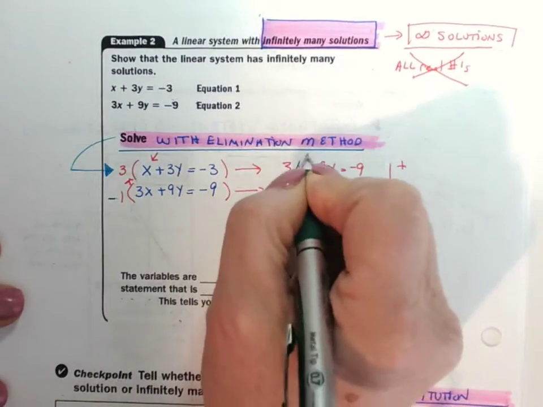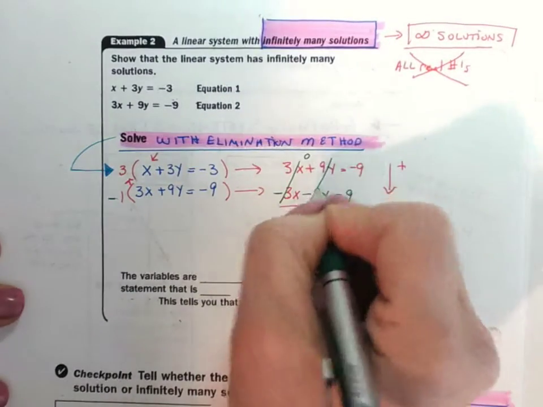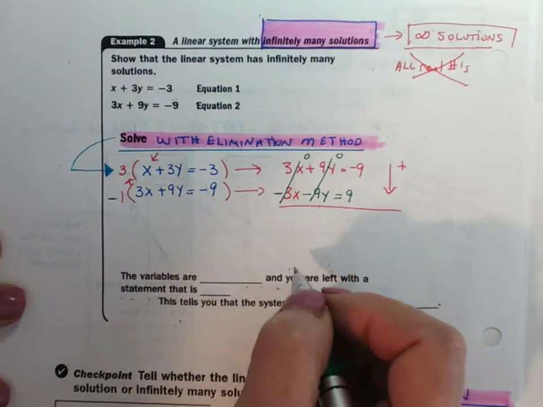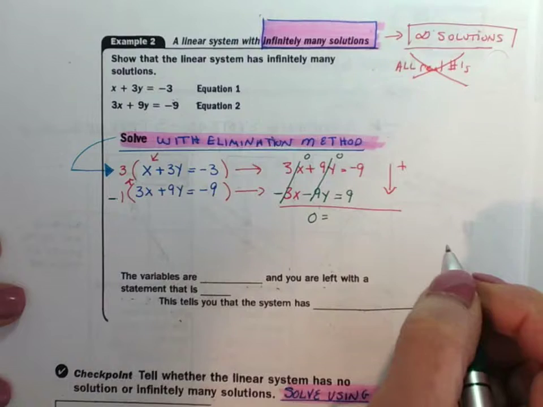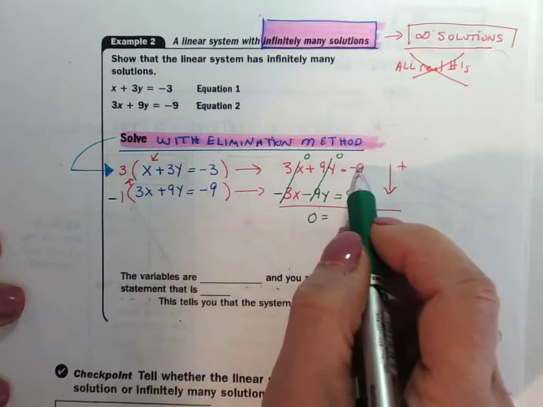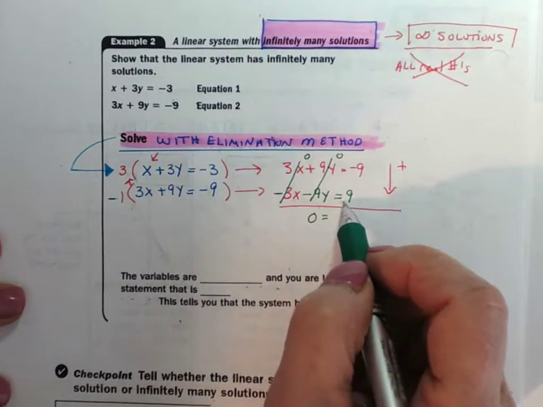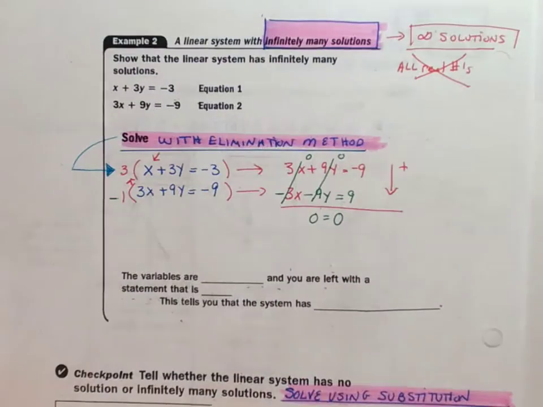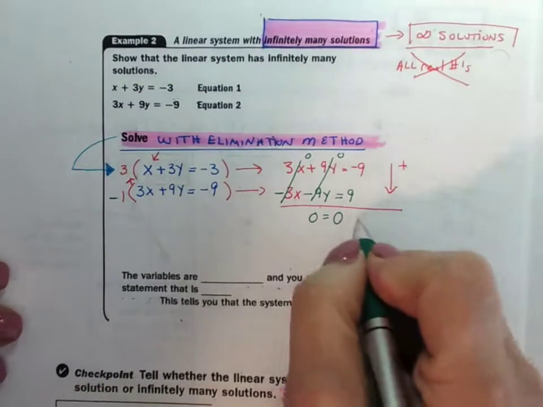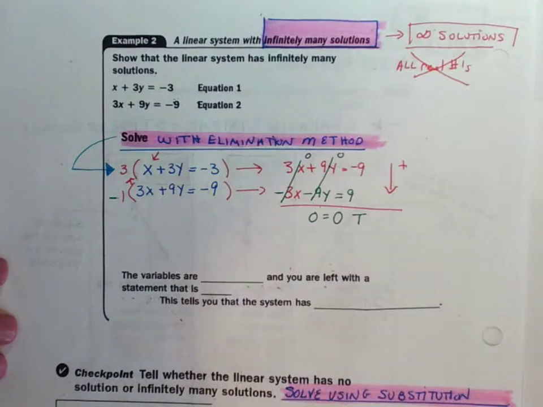So these cancel out to be 0. These cancel out to be 0. And on the left-hand side, I get 0. -9 equals -9. That's 0. So in this case, I have a true statement.